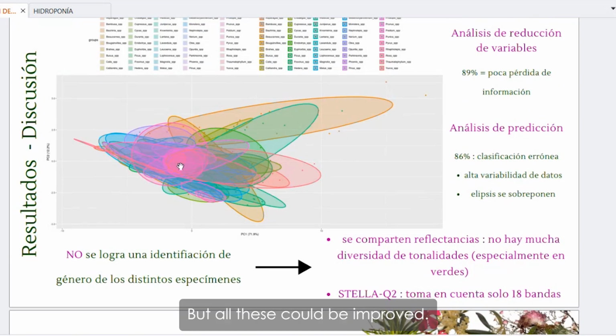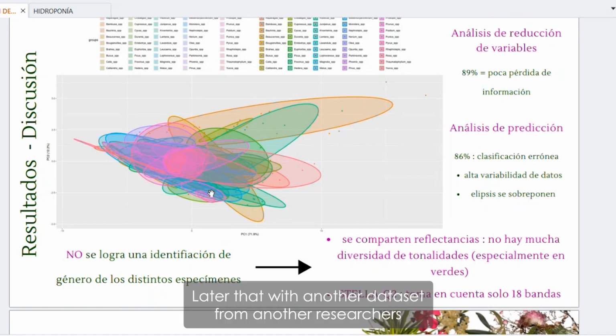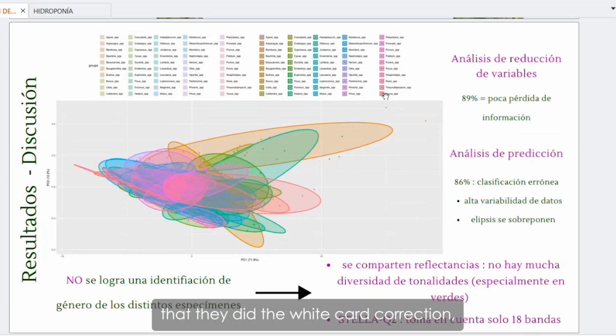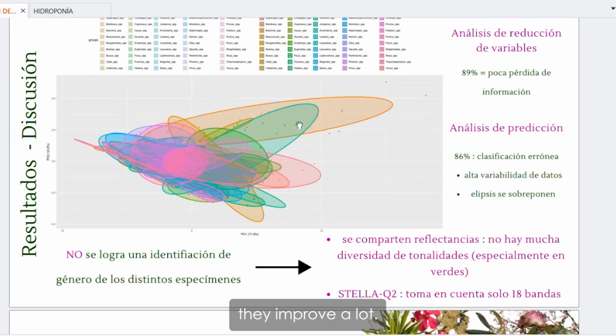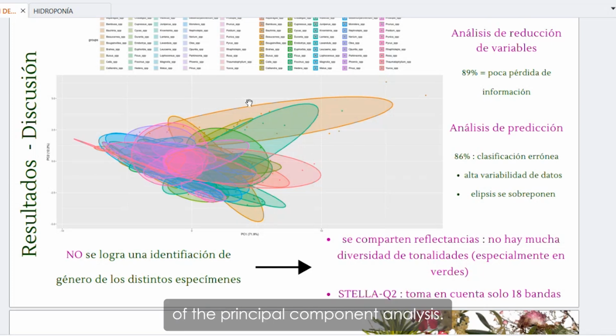But all this could be improved. Indeed, we are going to see later that with another data set from another researchers that they did the white card correction, they improve a lot the classification and the discriminant function of the principal component analysis.